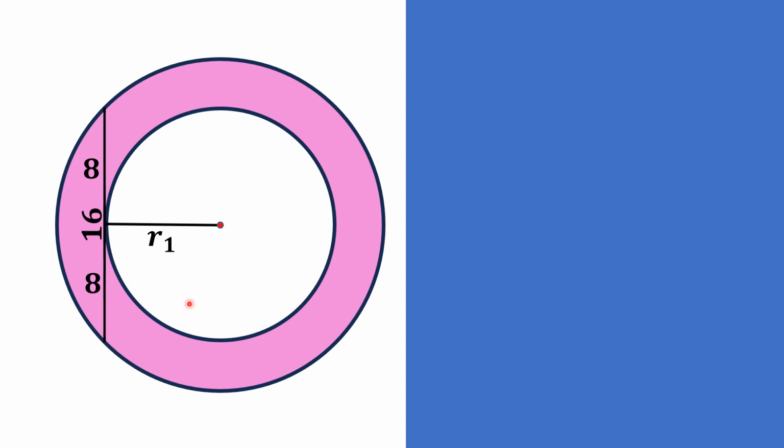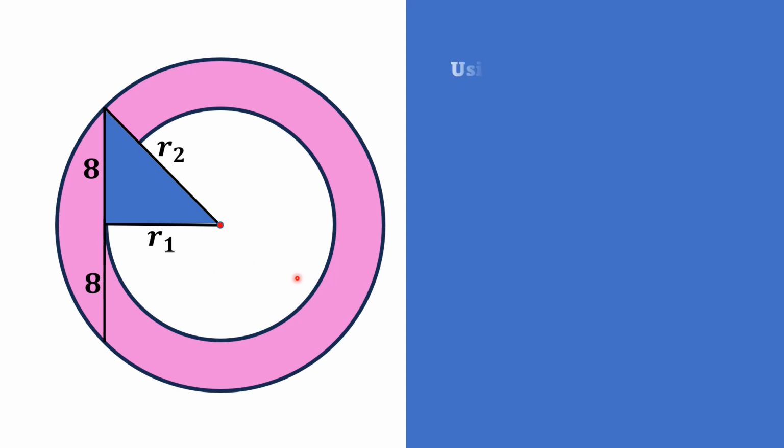Moreover, we gave the name to this radius of smaller circle as R1. Now we draw the radius of this larger circle to this point and let's name it as R2. We can see that this figure is a right triangle in which hypotenuse is R2, one leg is 8 and other leg is R1.